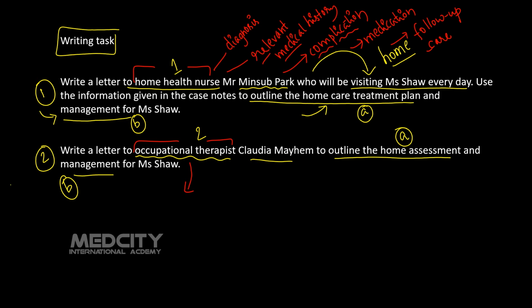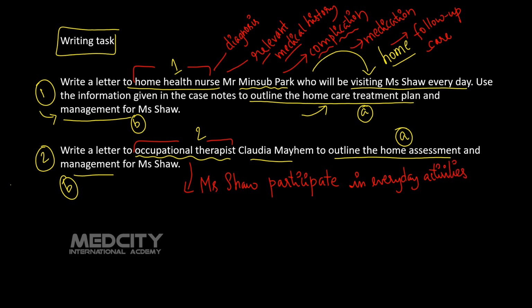That is, let's say, how Miss Shaw, this is a patient, how she can participate. So I have to help her with her daily mobility at home. So how she can participate in everyday activities.